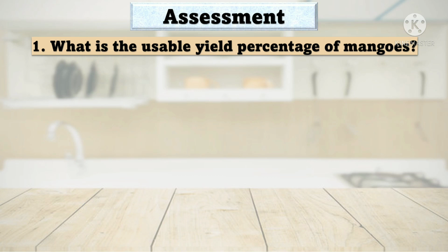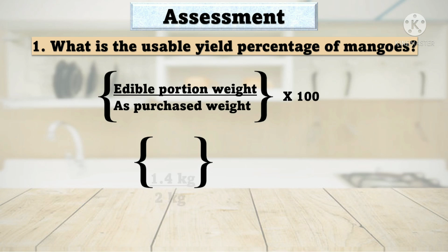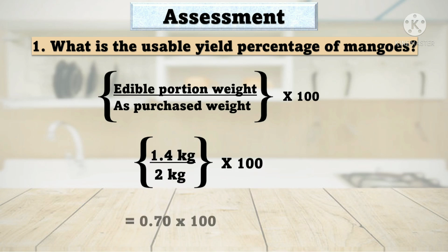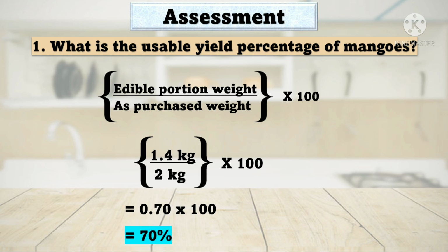Number 1. What is the usable yield percentage of mangoes? Here's the solution. The correct answer is 70%.